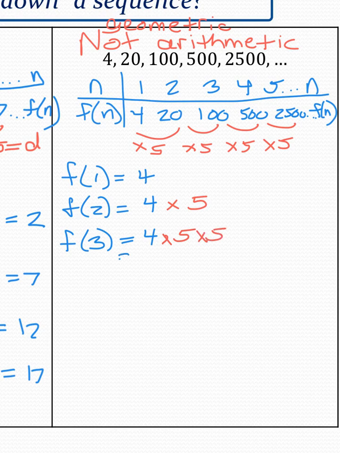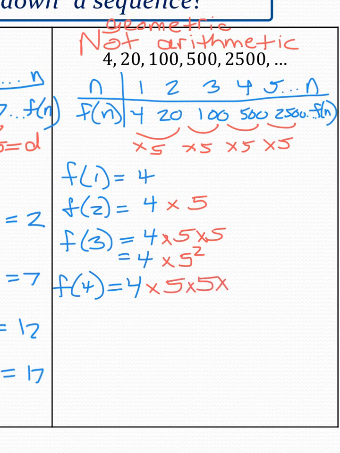And below that, I'm going to rewrite that as 4 times 5 squared. 5 times 5 is 5 squared. F of 4, I'm starting out with my 4, and now I've got 5 times 5 times 5. I've got 3 of these. So I'm going to write that as 4 times 5 cubed.